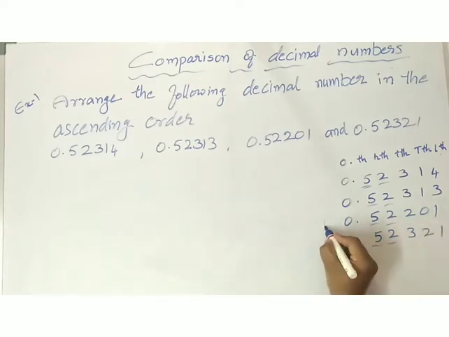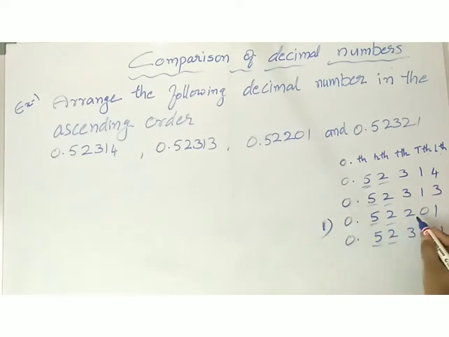So the one with 2 there becomes the first one. Next, here the digit is 3, all are 3.